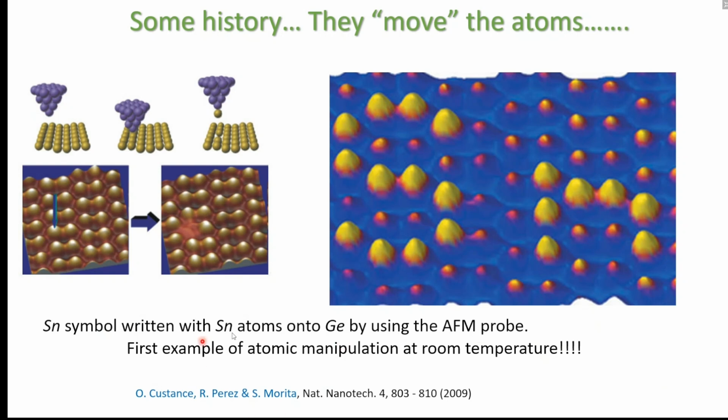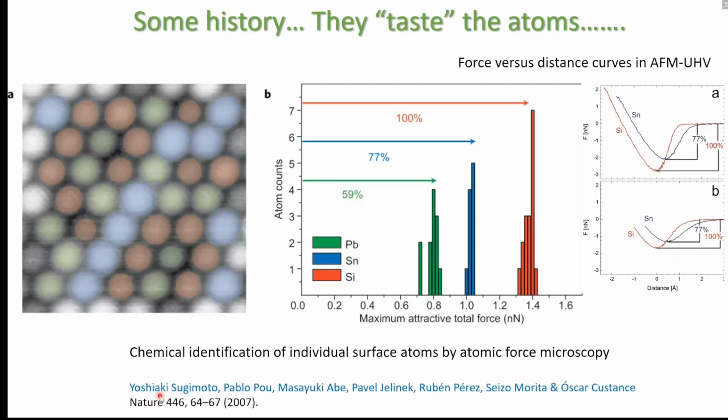This work was in collaboration with a Spanish group and a Spanish researcher, and the next example also belongs to the same group. In this case, they managed to determine the chemical composition of each atom of a surface. As you can see here, in some way they color the atoms according to their composition.